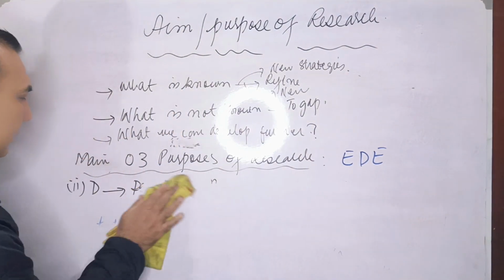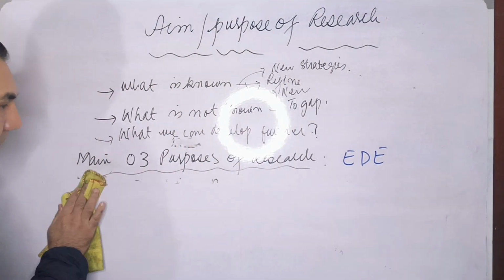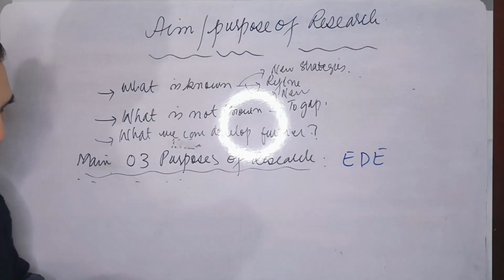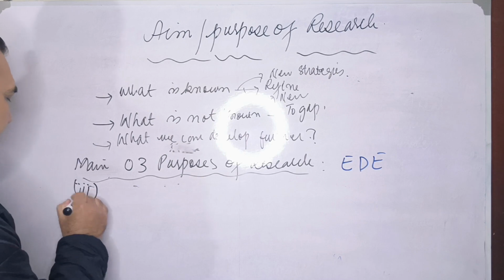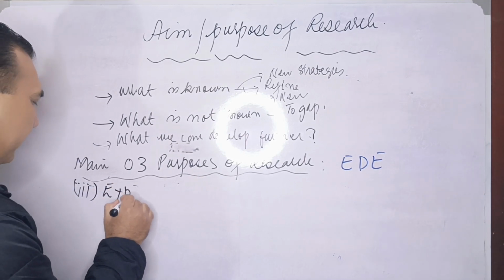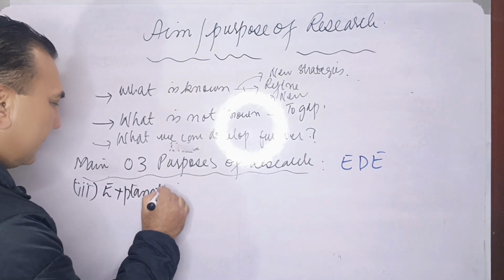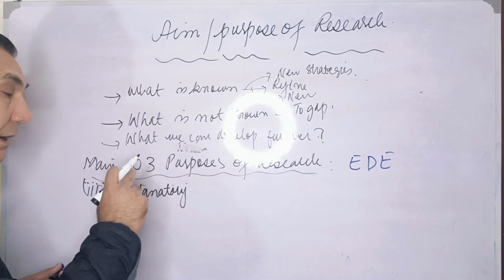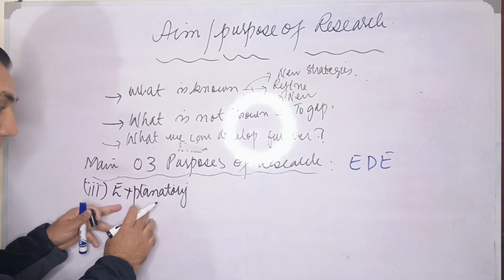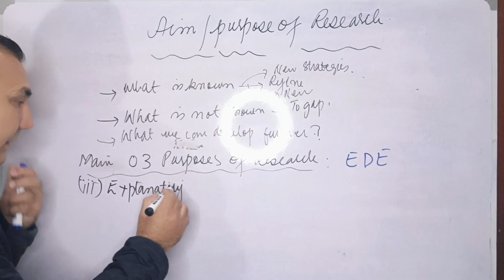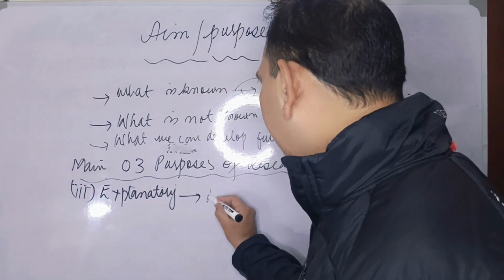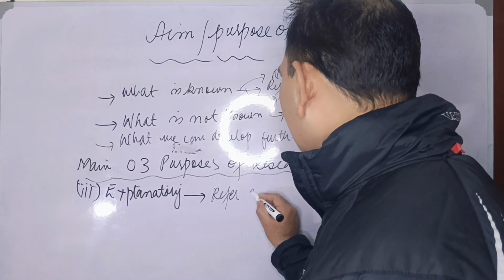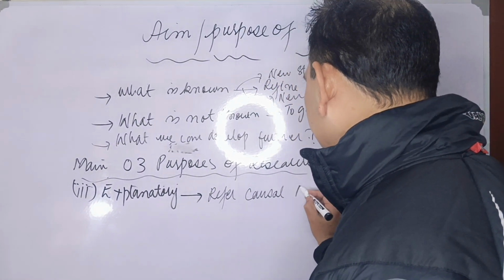So let's go through the third main purpose of the research study, and this is called the explanatory. The first one, the exploratory, then descriptive. Now this one is called the explanatory research. The explanatory research mostly refers to causal research.